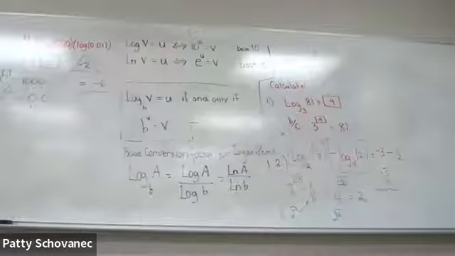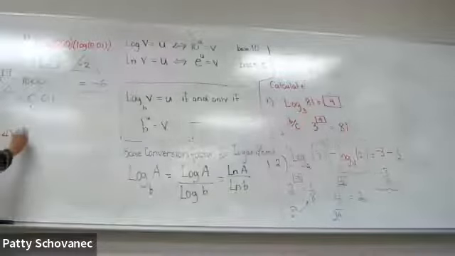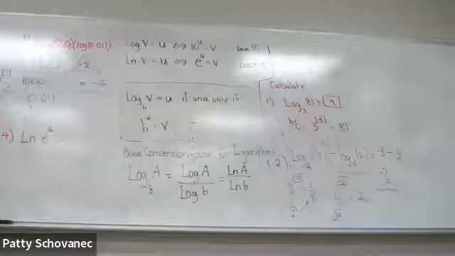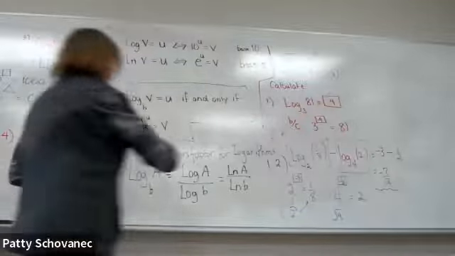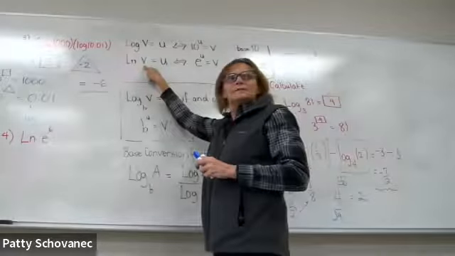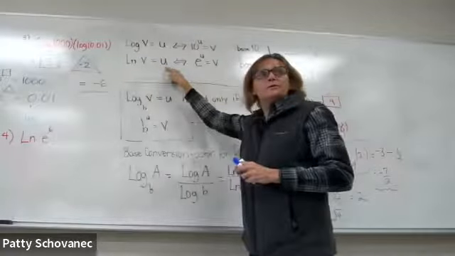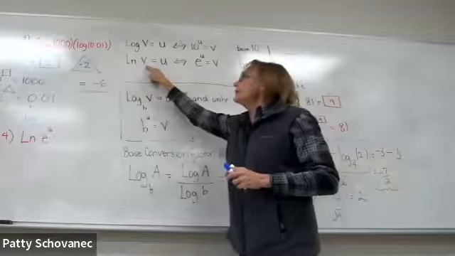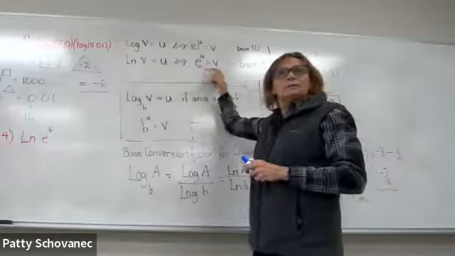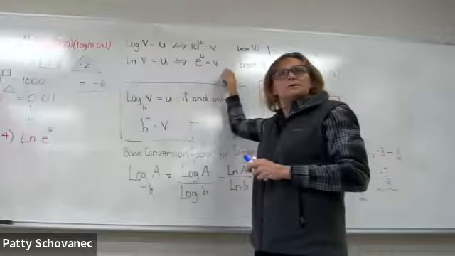Okay, the next one, we are to compute the natural log of e to the 6th. But look at what we're doing. The natural log of a value, so here my value is e to the 6th, is an exponent. The natural log of e to the 6th is an exponent that goes on e to give me e to the 6th.